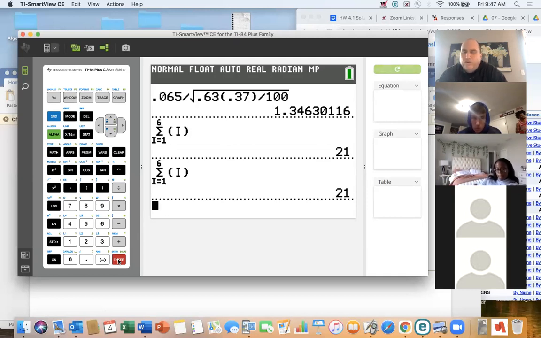If you have an older calculator, there's a way to generate it with a sequence. You'd have to do the sum of the sequence.